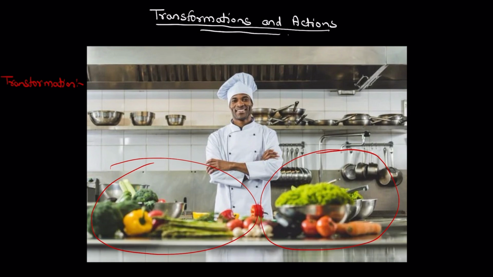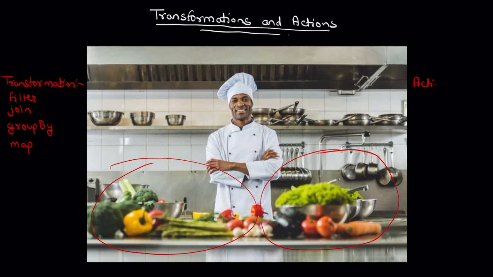So transformations are basically preparation of data. Let's say you are filtering out the data. You are doing join operations. You are doing group by. You are applying a map function on the data. This is what transformations are.